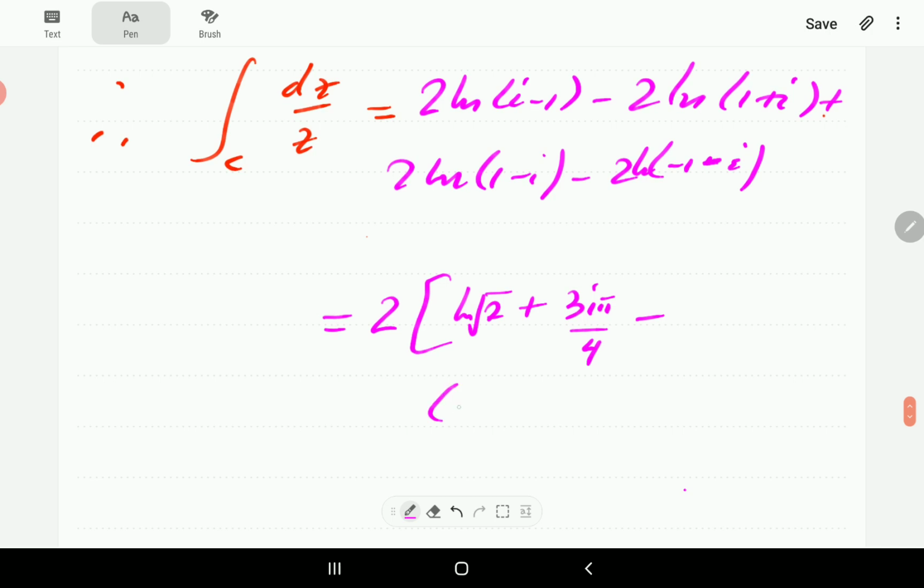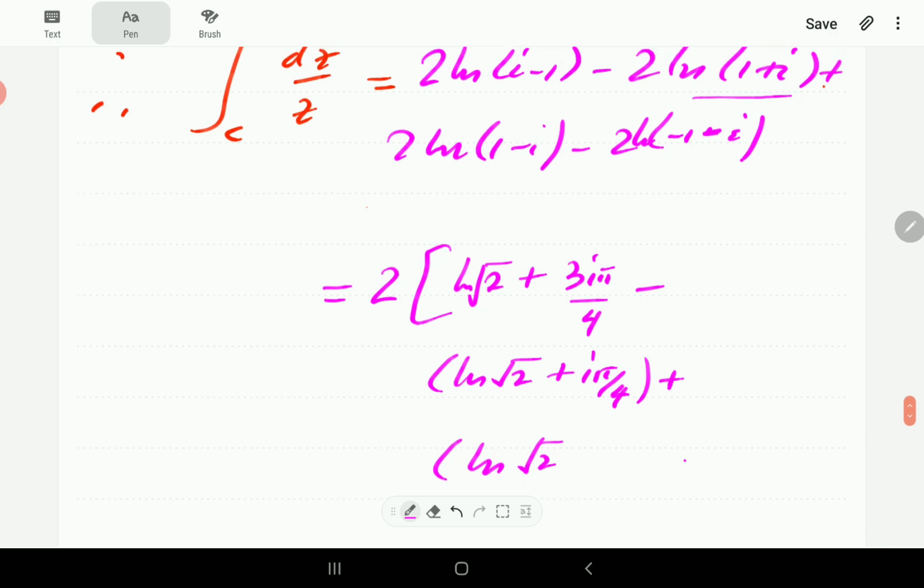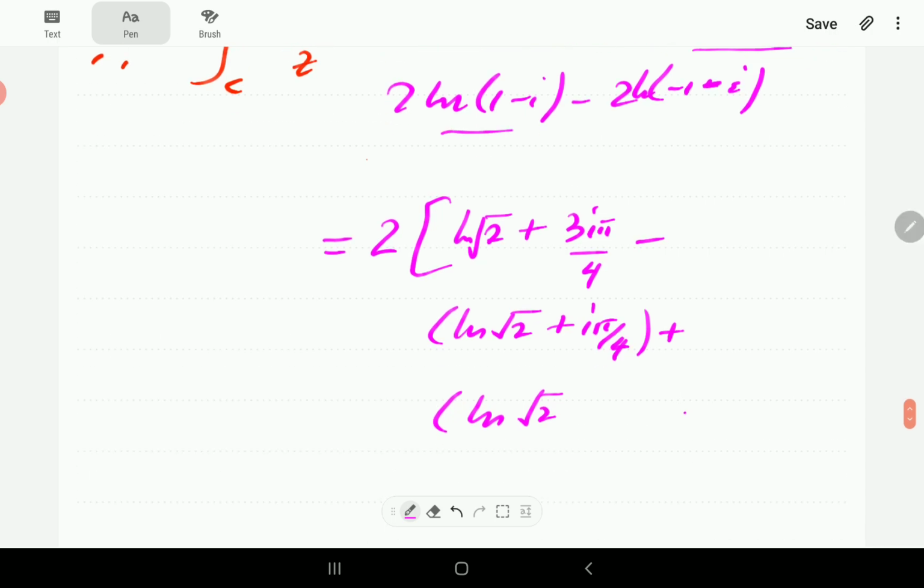Then take away ln root 2 for this one. This one is in the first quadrant, so that's going to be pi over 4. And then plus again ln root 2, 1 minus i is in the fourth quadrant, so that's going to be minus i pi over 4.